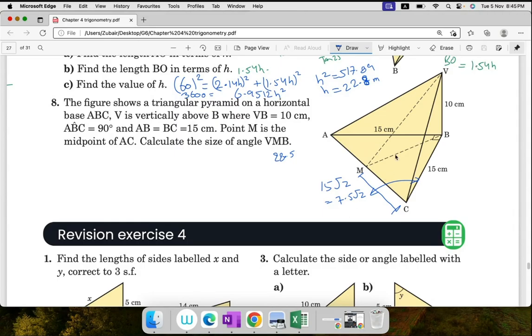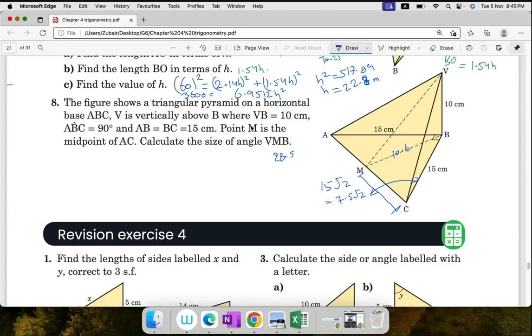Yeah, that is 225 minus (7.5 square root 2) squared. And square root of the answer, I'm getting 10.6. Yes, so 10.6.